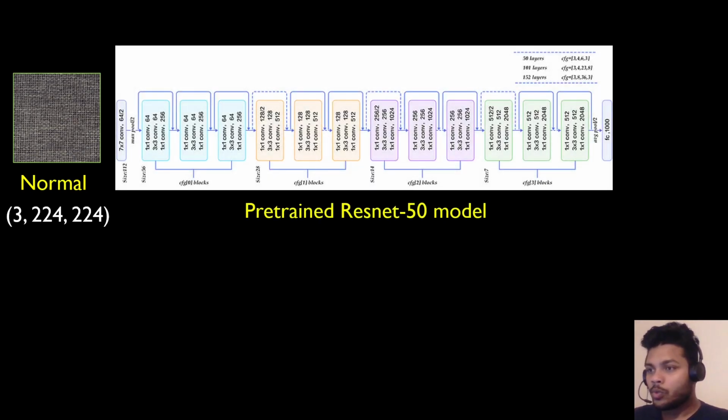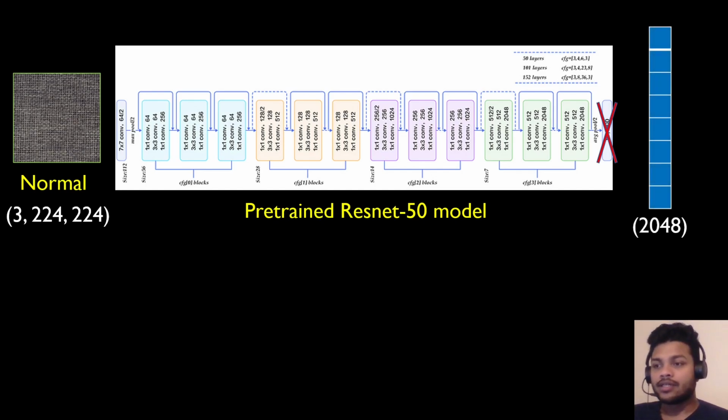In this case, let's say we have a normal image which is a 3 by 224 by 224 RGB image. We will pass it through a pre-trained ResNet-50 model, and we'll discard the last fully connected layer. Hence, the feature we'll get is a 2048-shaped vector. From the image, we'll get a vector of shape 2048.